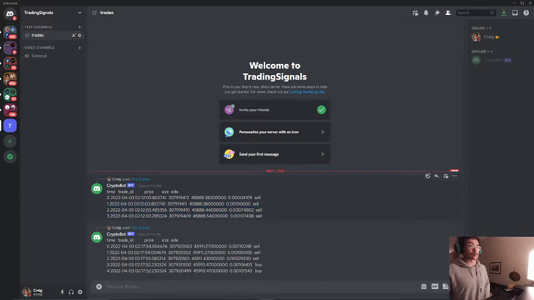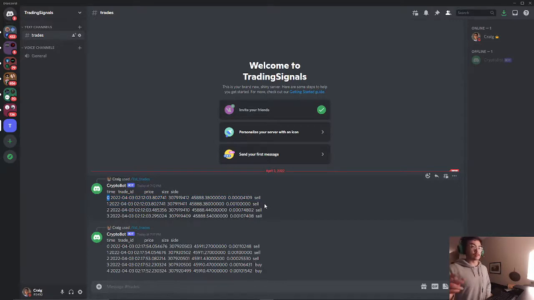So these are all sell orders, and then we have our size, the amount of Bitcoin that we are selling, and then we have the price, the price that Bitcoin is being sold at, the trade ID. This is just something to help distinguish between the different trades. Then we have our time as well as our index.